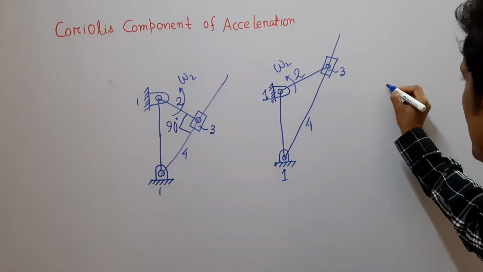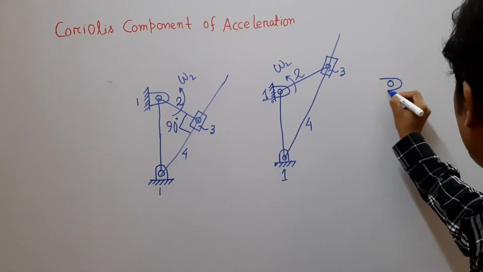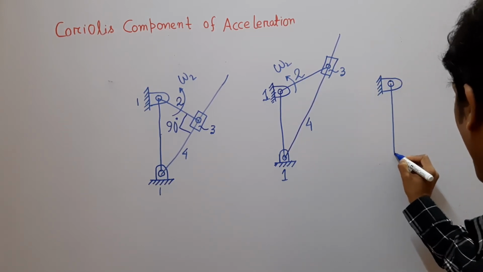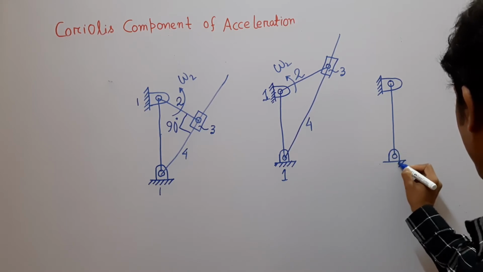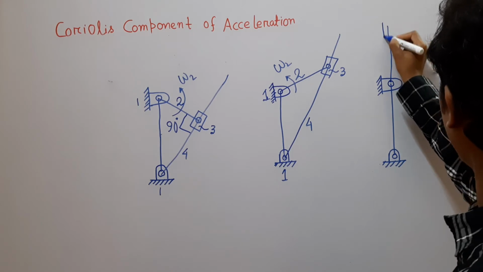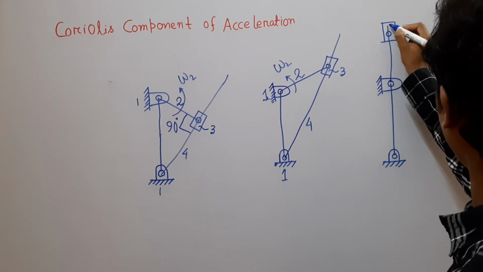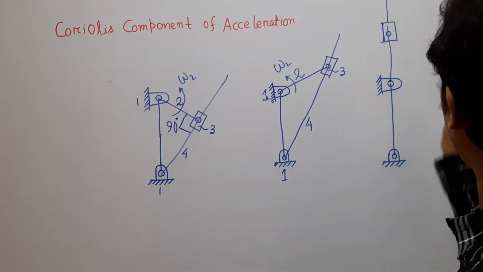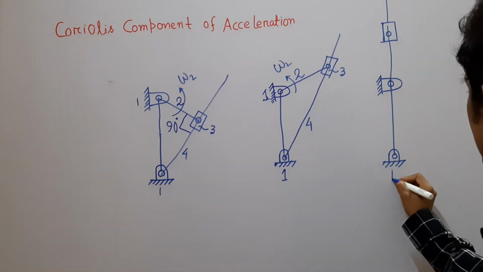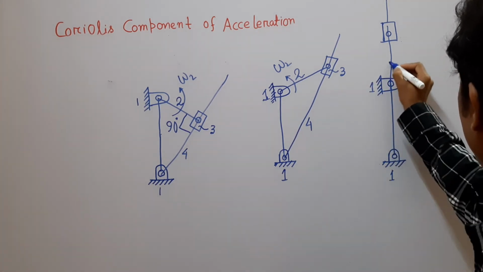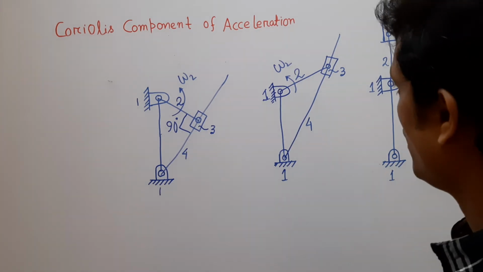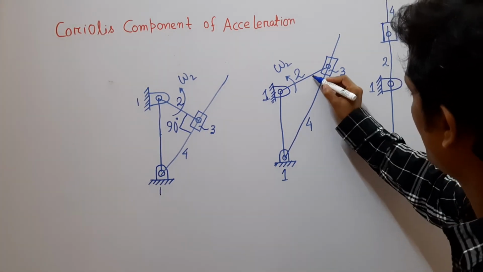And the next instant is like this. So this is 1, this is 2, this is 4. Here it was 90 degree.